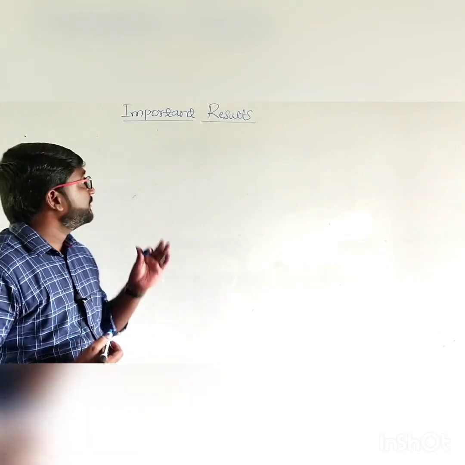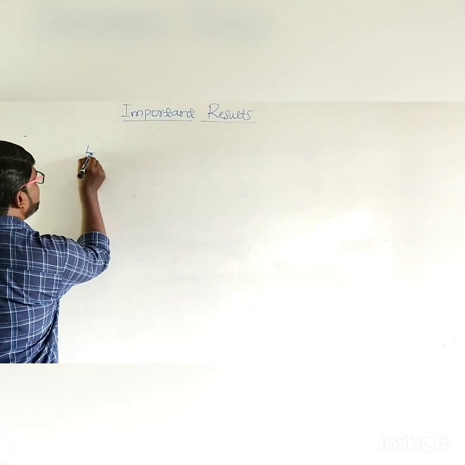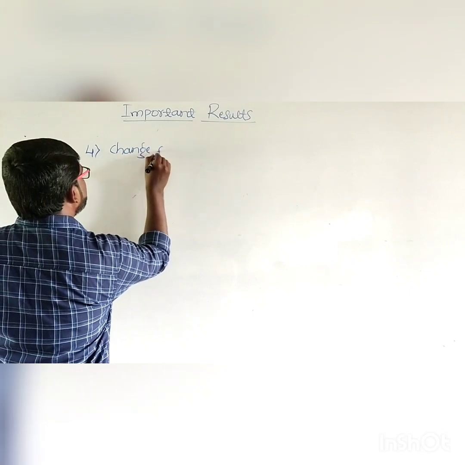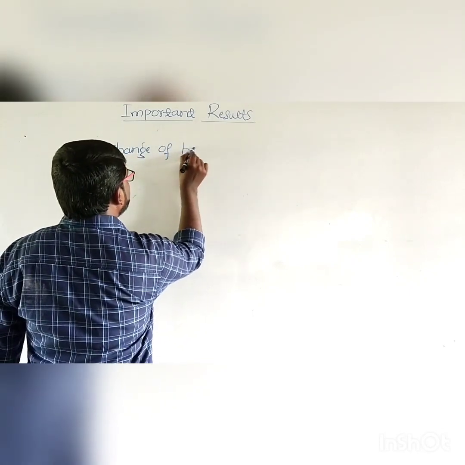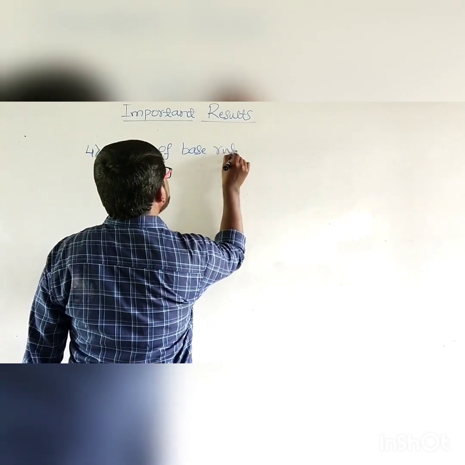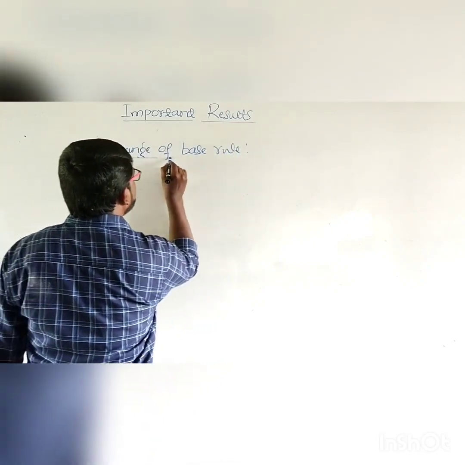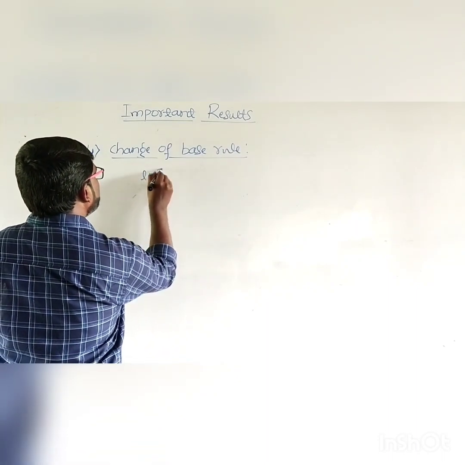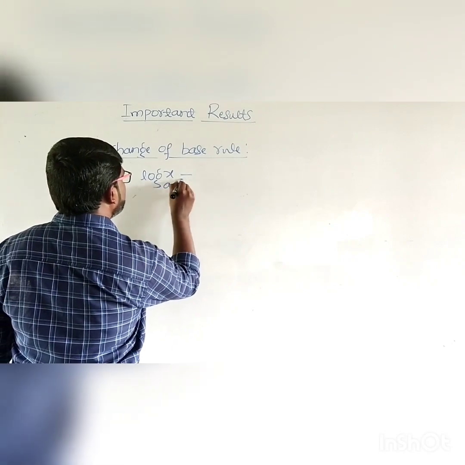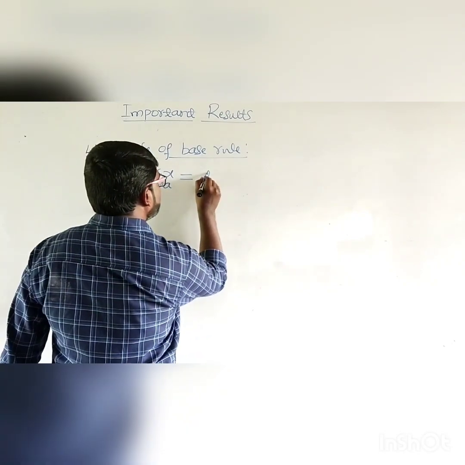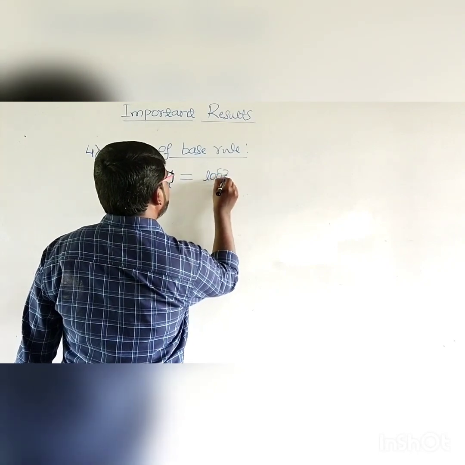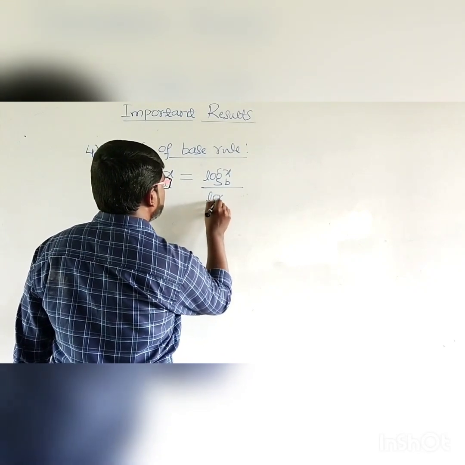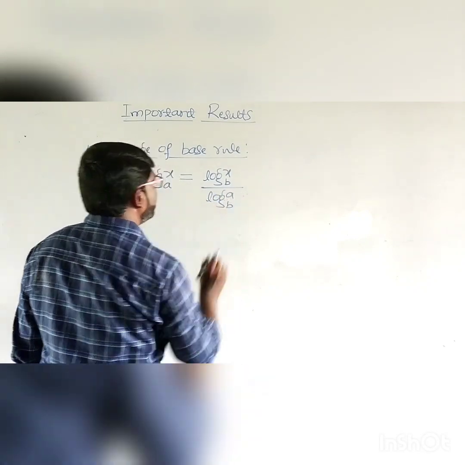Well, the fourth property or result is the change of base rule. Log x to the base a equals log x to the base b divided by log a to the base b.